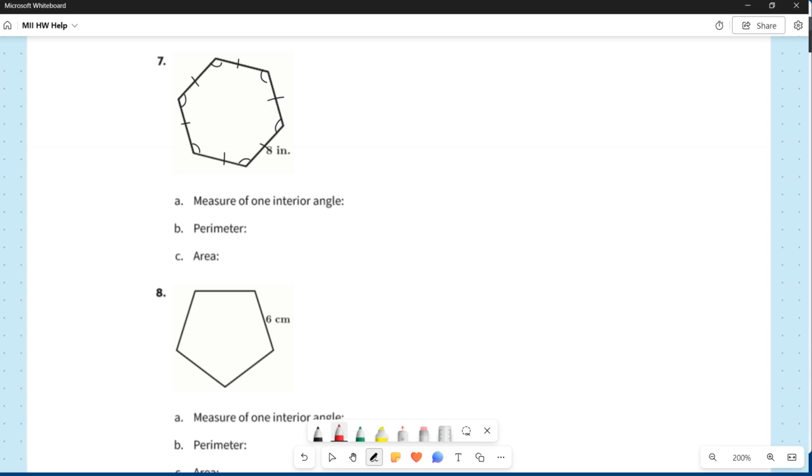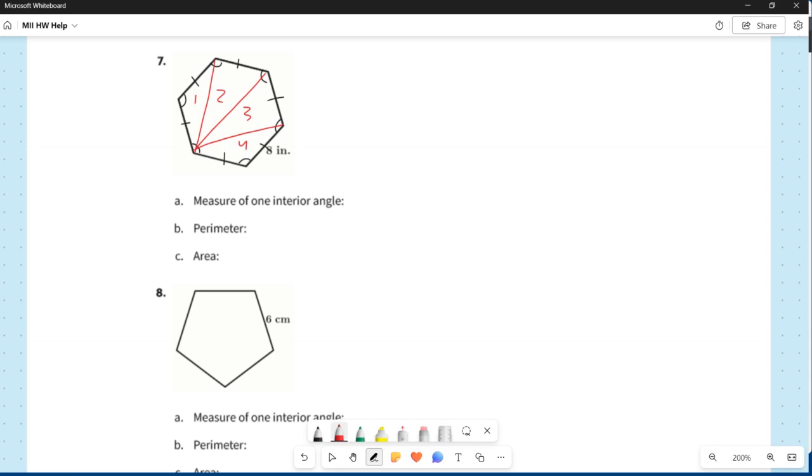If you just pick a vertex and start dividing this thing up into triangles like this, you'll notice that with a 6-sided figure, we have 1, 2, 3, 4 triangles. That will be true for any 6-sided polygon. Any hexagon can be divided up into 4 triangles. There are lots of different ways of doing this, but no matter how you do it, you should get 4.